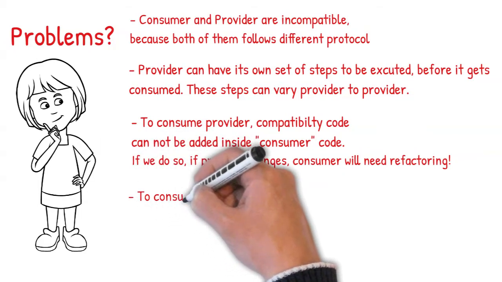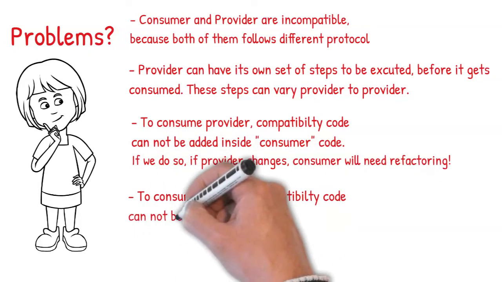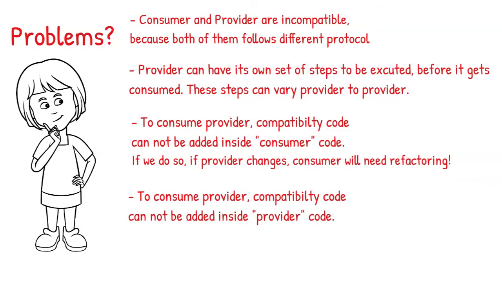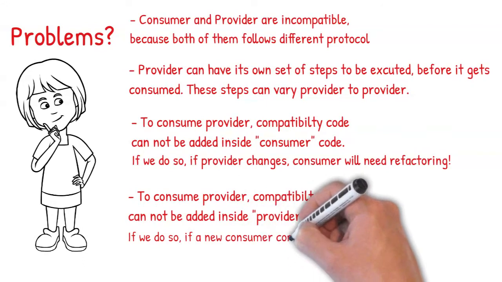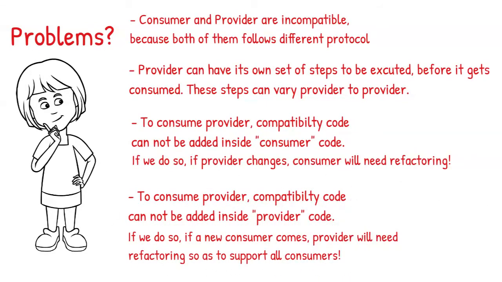To consume the provider, compatibility code cannot be added inside the provider code. If we do so, if any new consumer comes in future, the provider will have to be refactored to support this new consumer as well as all the previous consumers. Too many problems, isn't it?